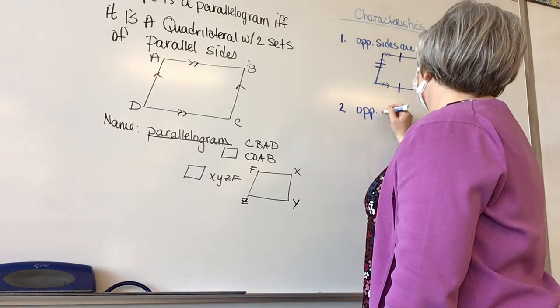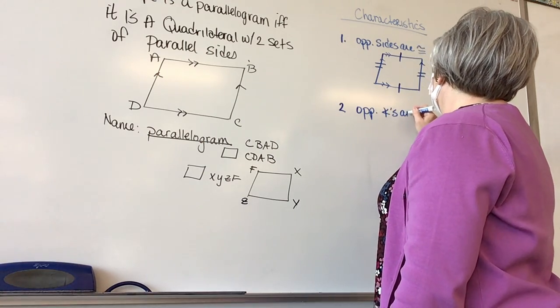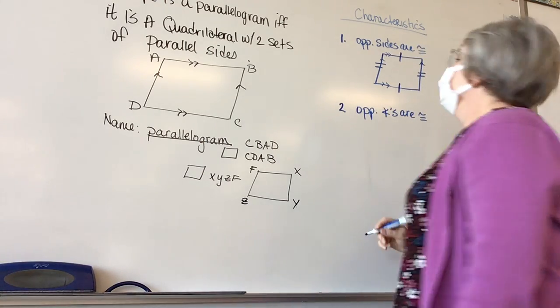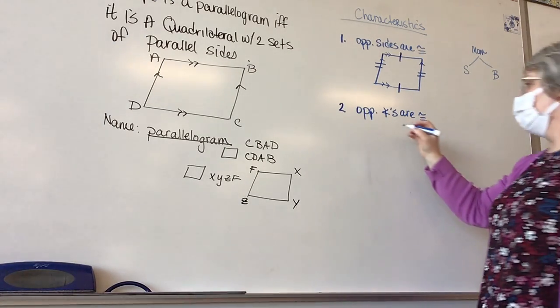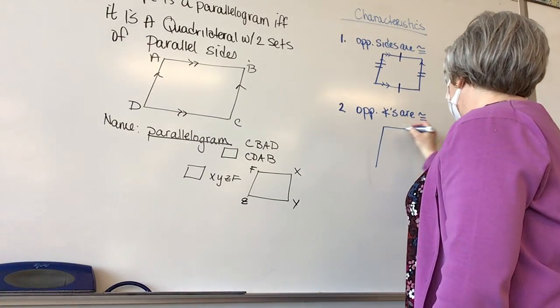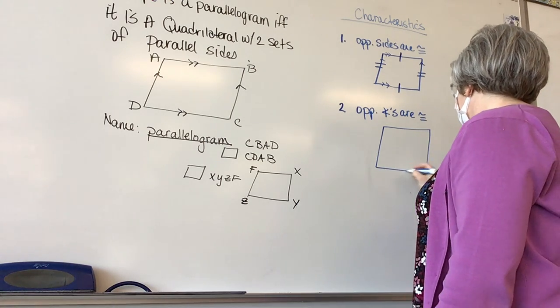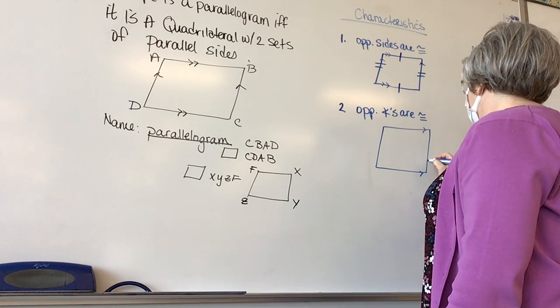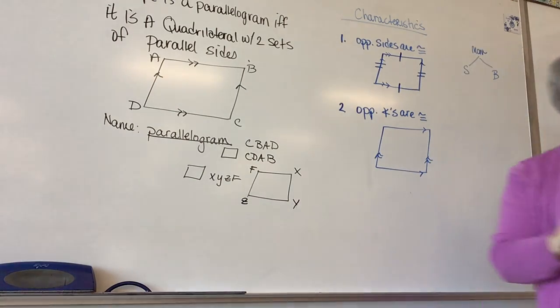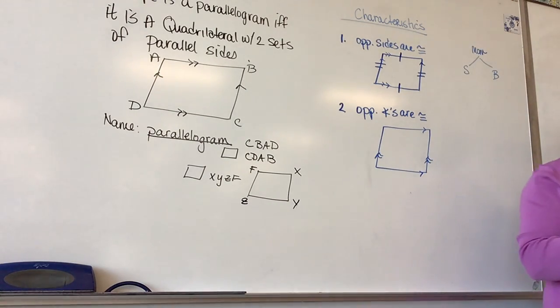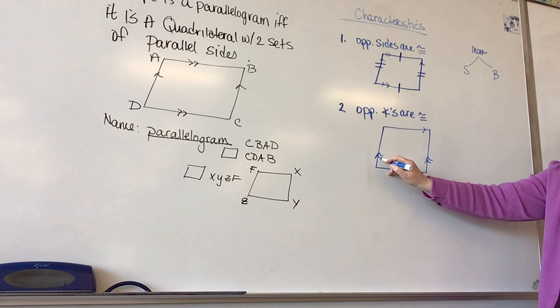Characteristic number 2. Opposite angles are congruent. So we'll draw another parallelogram. What do we have to put in? Arrows, right? Okay, opposite angles are congruent. So we're going to put arcs in the corners that match.